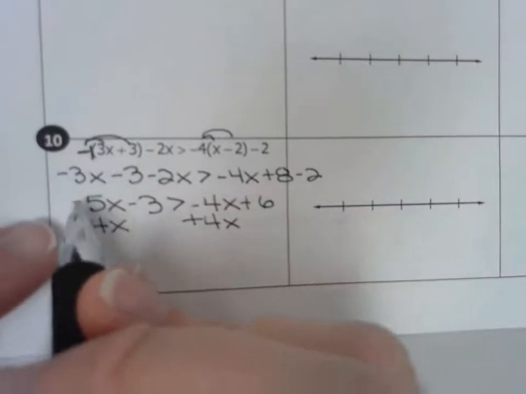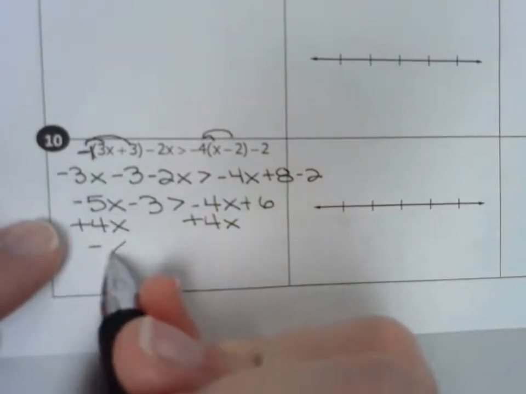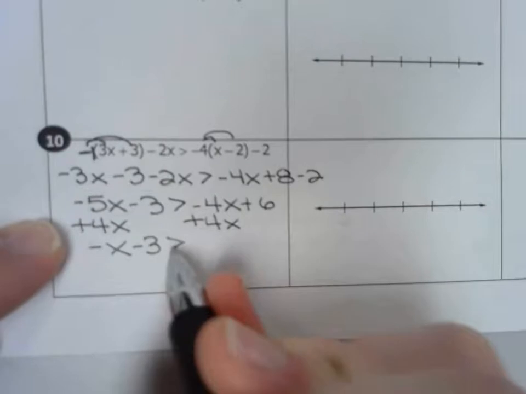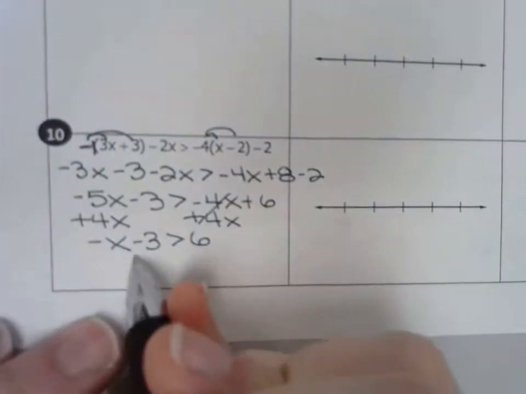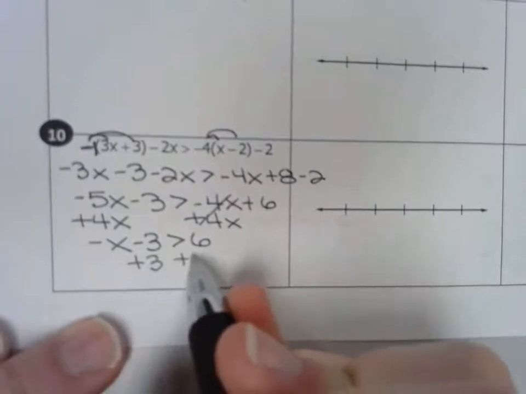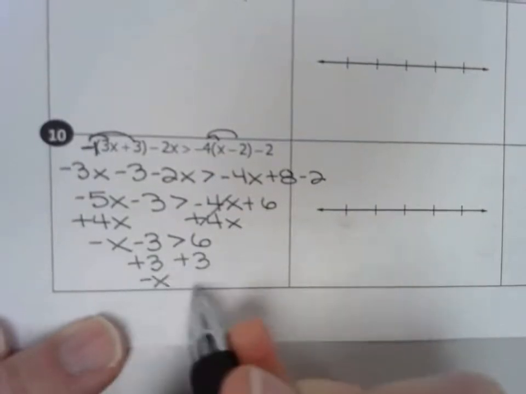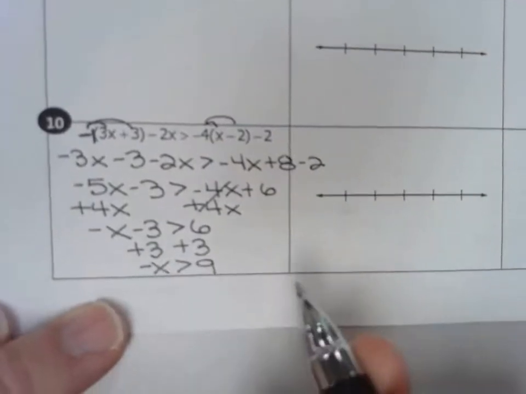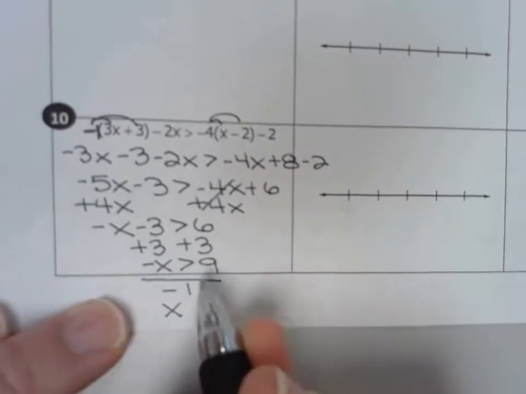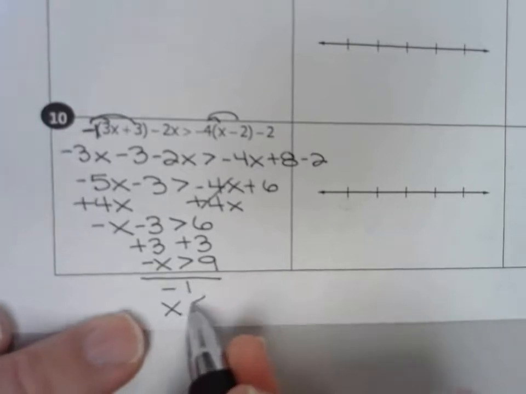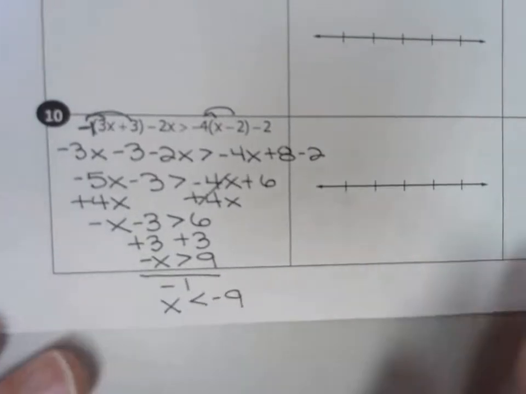So to start from the left, negative 5 plus 4x, negative x minus 3 is greater than 6. 4x's cancel. Add 3. Negative x is greater than 9. Divide by negative 1. X, switch the direction because I divide by a negative. X is less than negative 9.